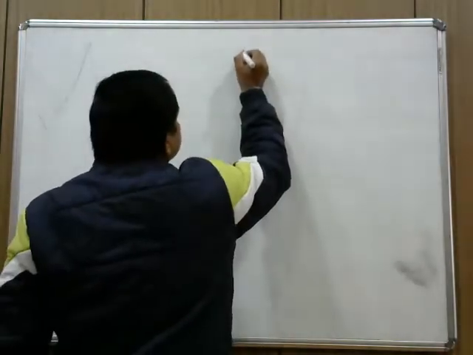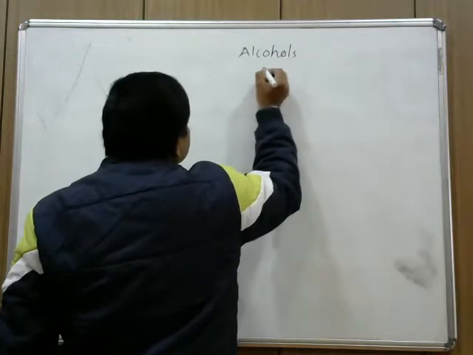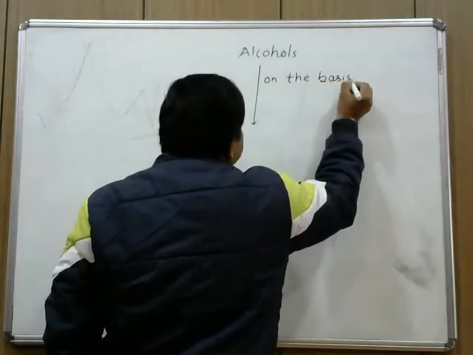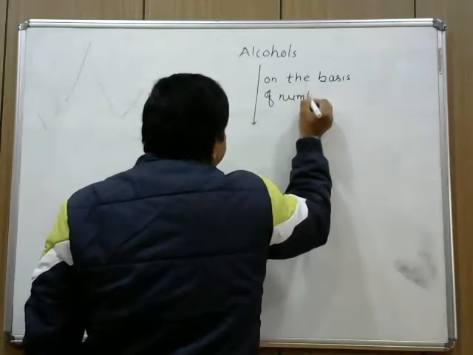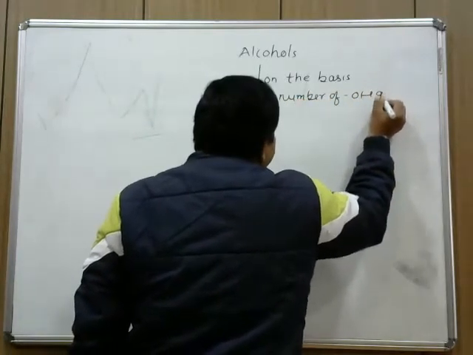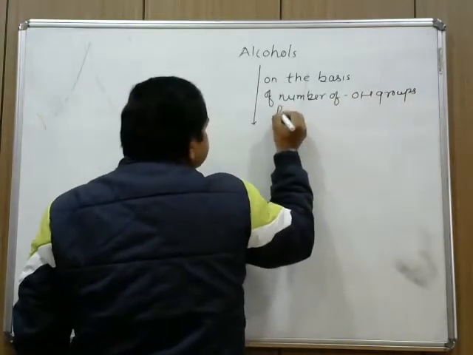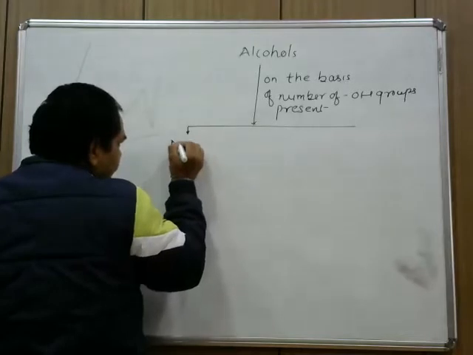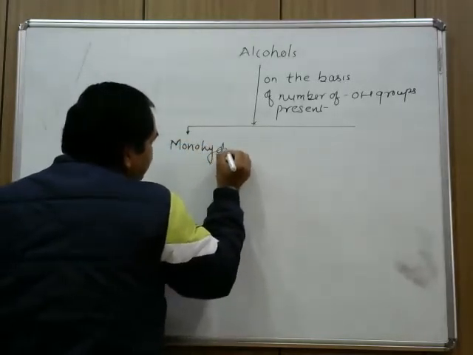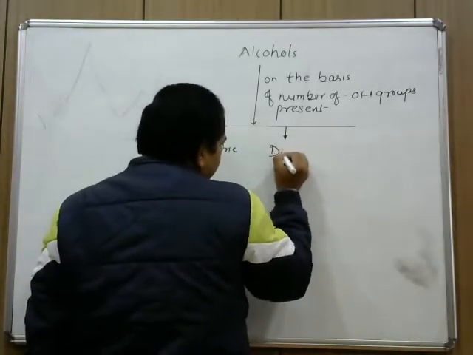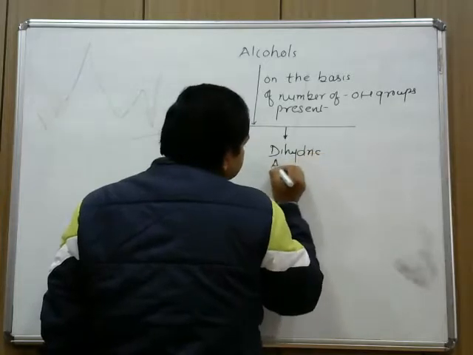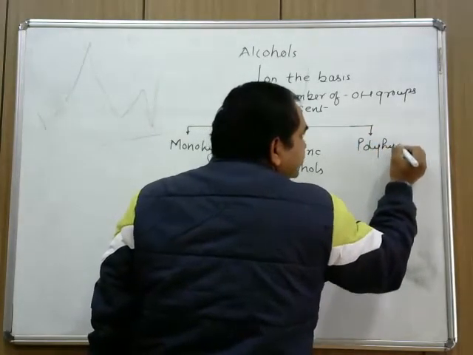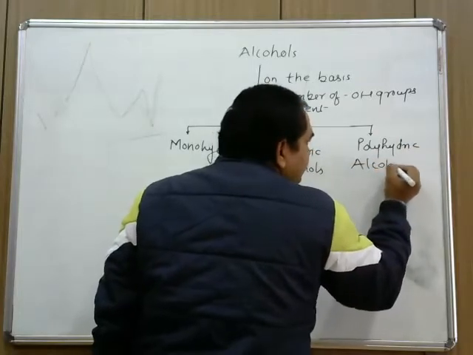So alcohols, on the basis of the number of OH groups present, are classified as monohydric alcohols, dihydric alcohols and polyhydric alcohols.